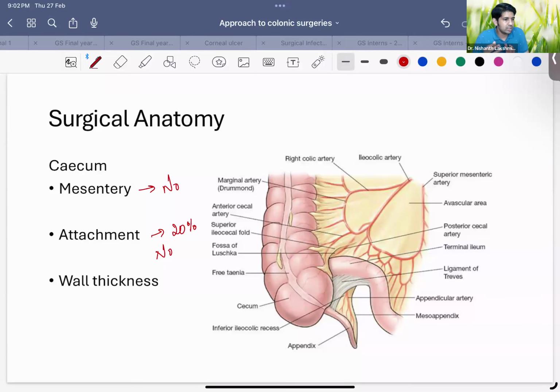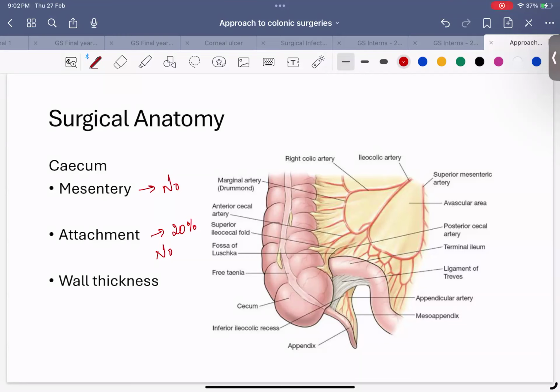So what does this imply? Who are the first years? Suprit and Sai Likit. Yeah, Suprit. Now, if I tell you cecum is a freely lying organ, what is its clinical implication? Sir, it will be difficult to identify.